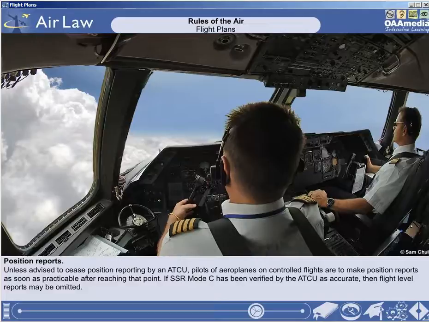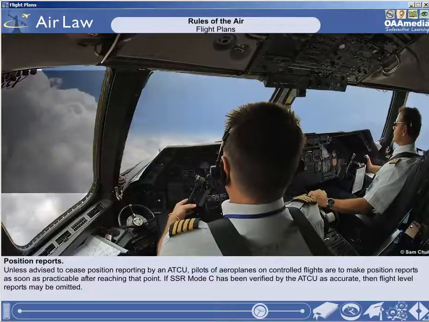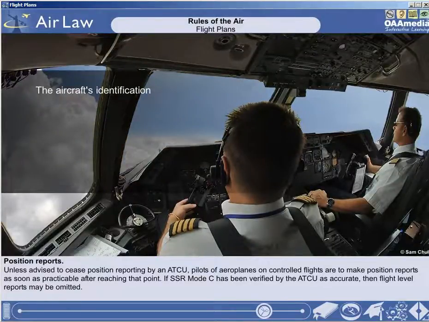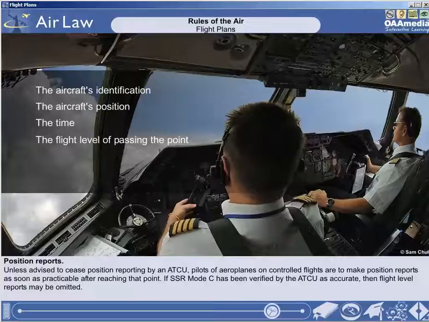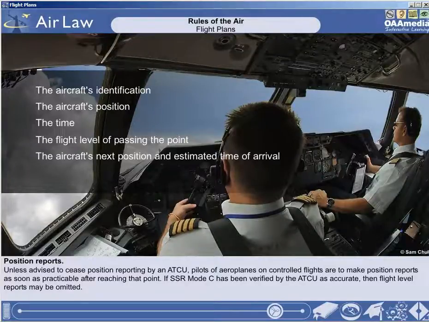Unless advised to cease position reporting by an ATCU, pilots of aeroplanes on controlled flights are to make position reports as soon as practicable after reaching that point. The report is to contain the aircraft identification, the aircraft's position, the time, the flight level of passing the point, the aeroplane's next position and estimated time of arrival, any other information deemed necessary.